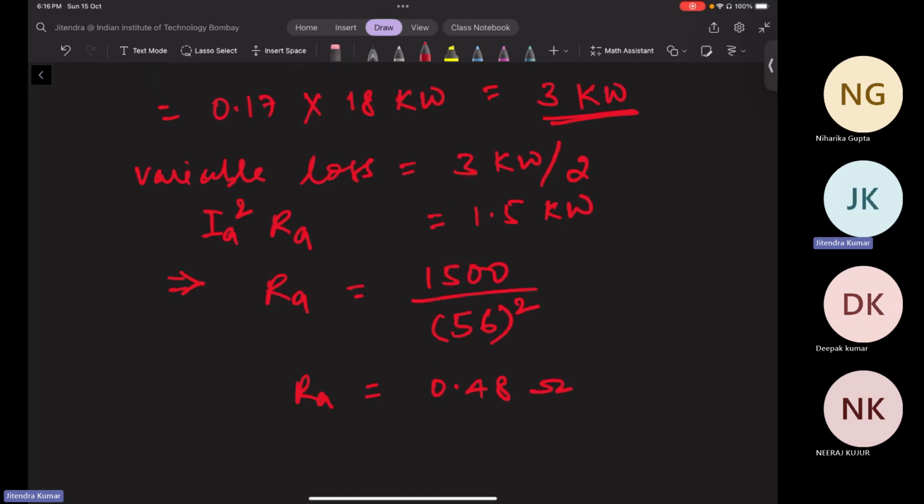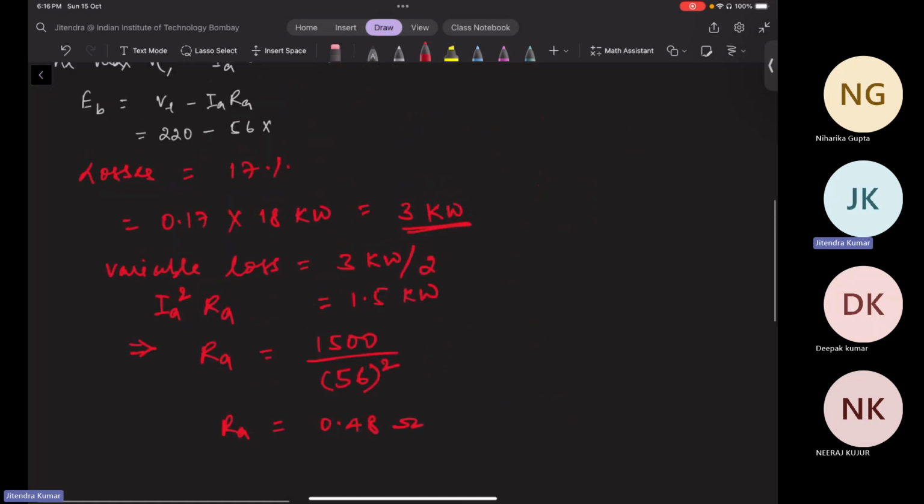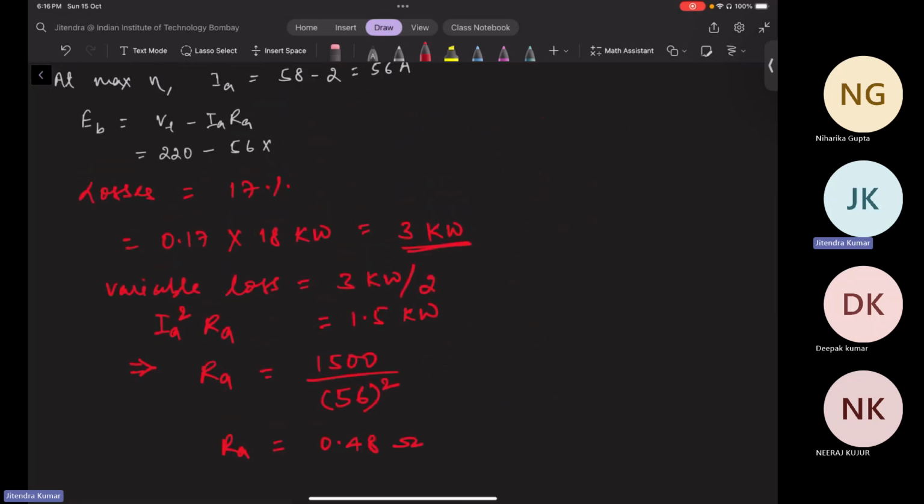So any doubt in this? We have calculated RA, now we can calculate EB, right? Just plugging in the value of RA here. I will plug in 220 minus 56 into 0.48.